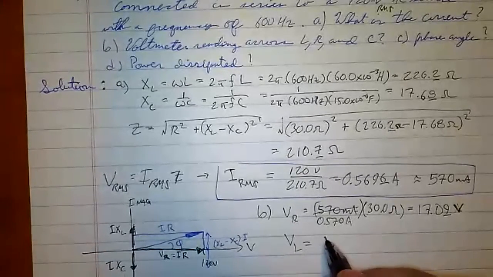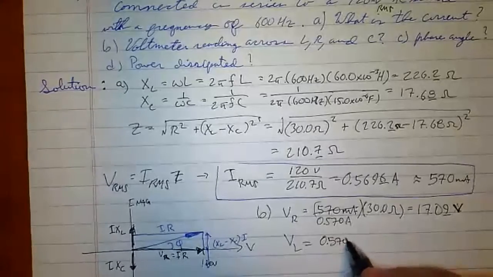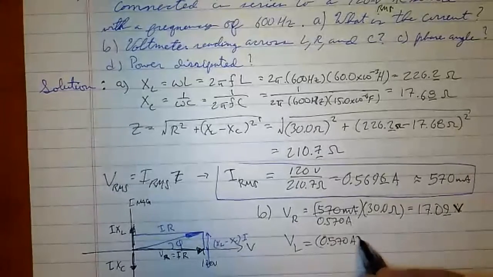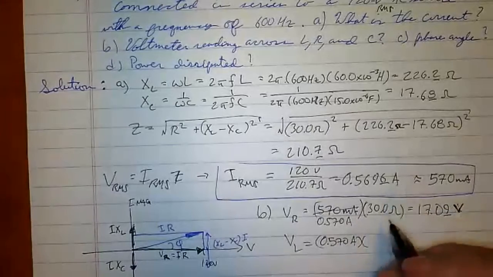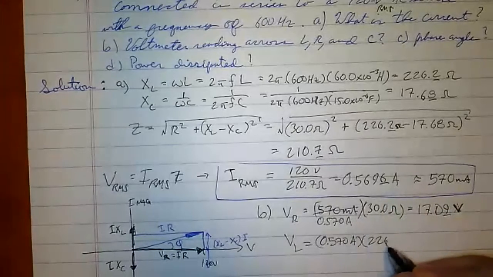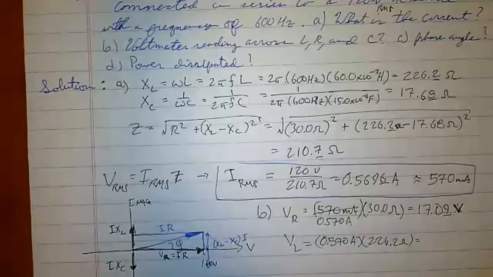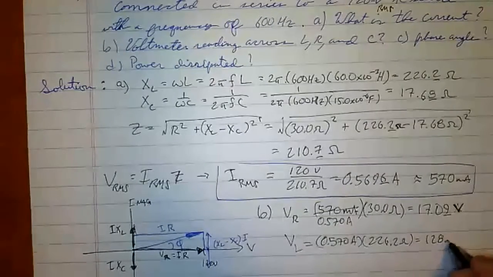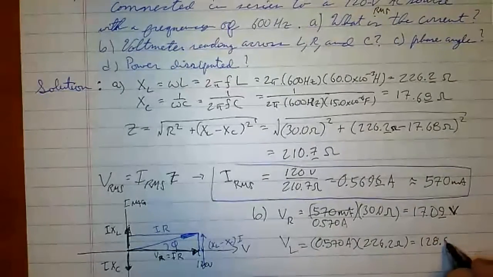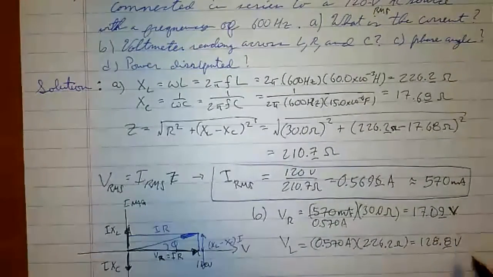So that's how many voltage would be across that. VL would be again 0.570 amps times the X of L, which is 226.2. So 226.2, multiply that, that gives me 128.9 or 0.8 volts.